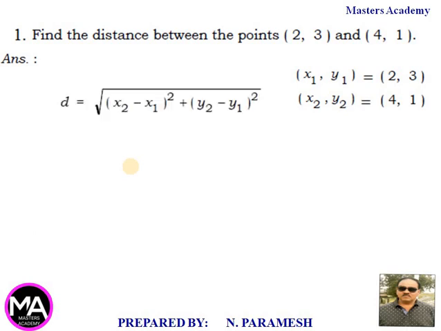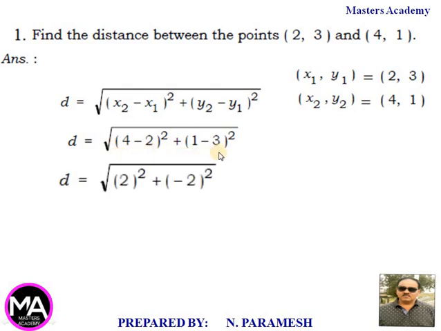D is equal to root of (x2 minus x1) the whole square plus (y2 minus y1) the whole square is equal to root of (4 minus 2) the whole square plus (1 minus 3) the whole square is equal to root of 2 square plus (minus 2) whole square is equal to root 4 plus 4, that is equal to root 8 is equal to root of 4 times 2, that is equal to 2 root 2 units.